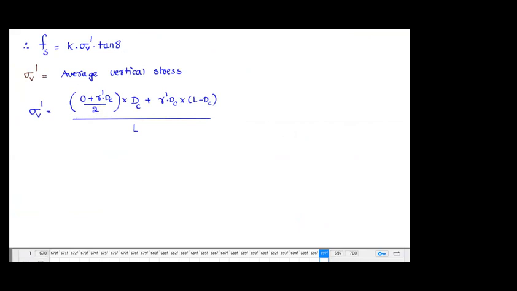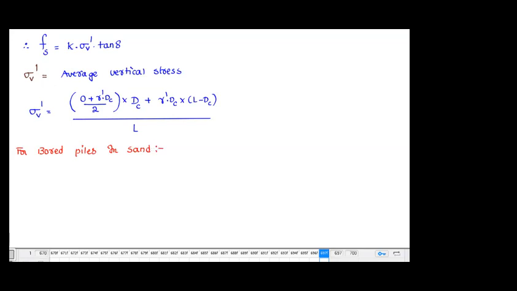But now there comes the K value and the tan delta value. Here we have some differences. The differences are, first for bored piles in sand.